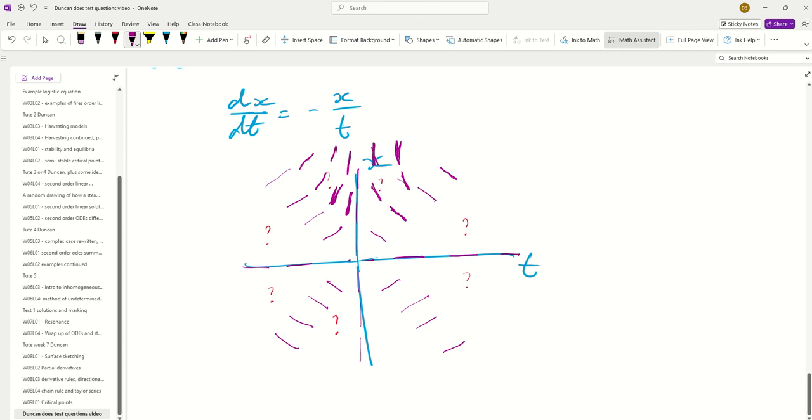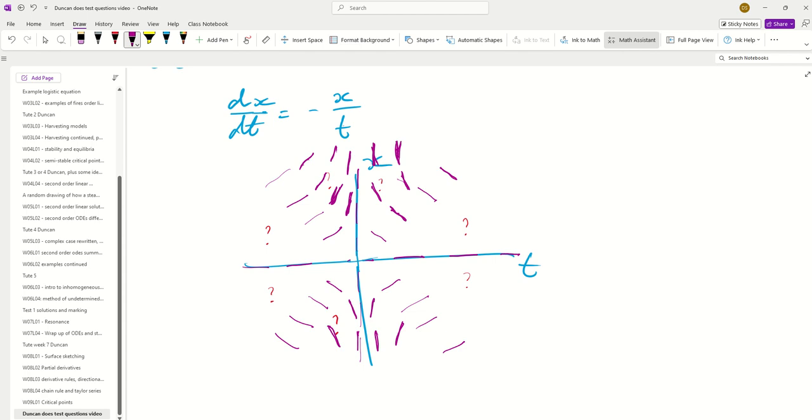Right, so I can draw something like that. Flip it for down here. I'm just not drawing as many in because I'm just not as interested down there.